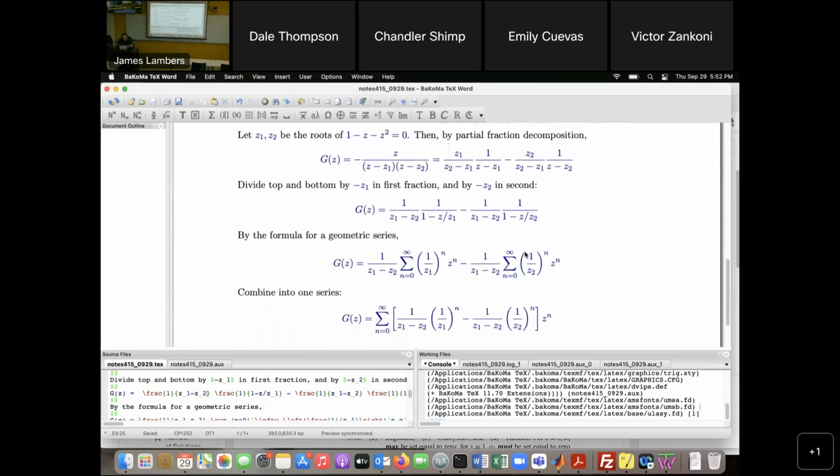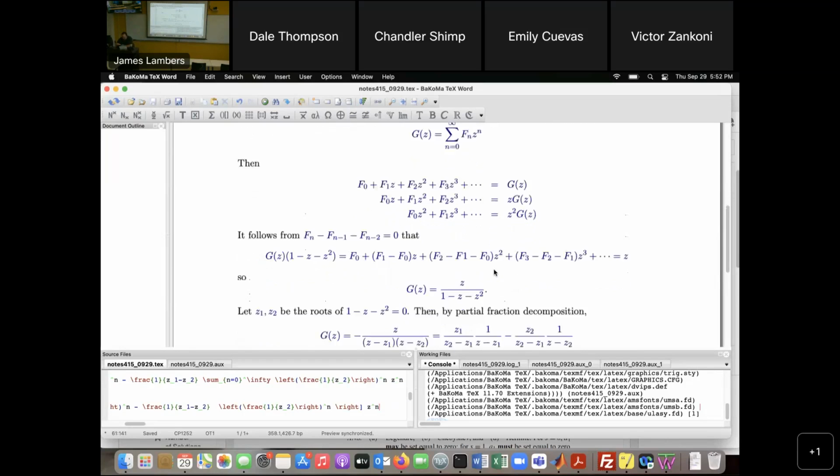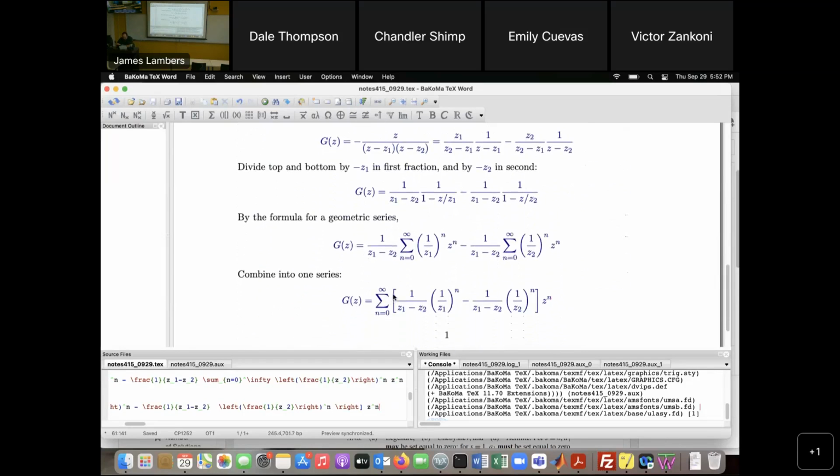Now we have two summations. They both go from n equals 0 to infinity, so I can combine them in one summation. Both involve z to the n, so I can factor that out. So now I have my power series for my generating function. Just as g of z was defined to be the sum of fn z to the n, I have here g of z is the sum of this times z to the n.